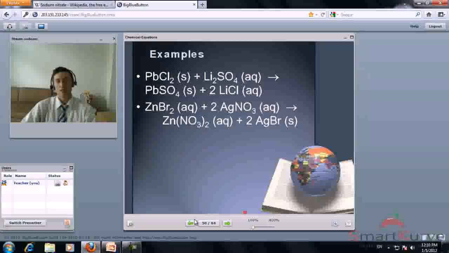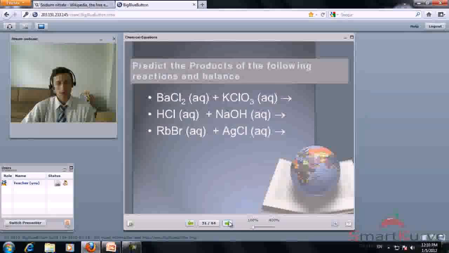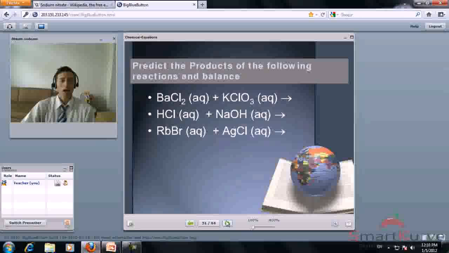We have zinc bromide and silver nitrate. We end up with zinc nitrate and silver bromide. Predict the products of the following reactions. All right. So we're going to have another switch there.